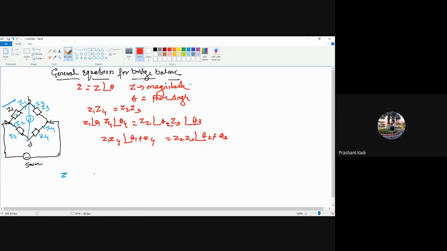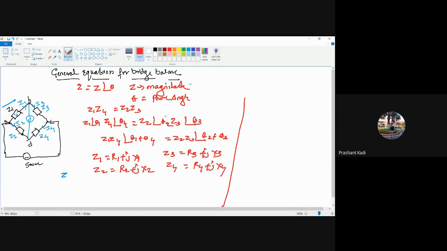Or you can express it in rectangular form. Z1 will be R1 plus JX1, Z2 will be R2 plus JX2, Z3 will be R3 plus JX3, and Z4 will be R4 plus JX4. Substituting in this equation, what do we get?